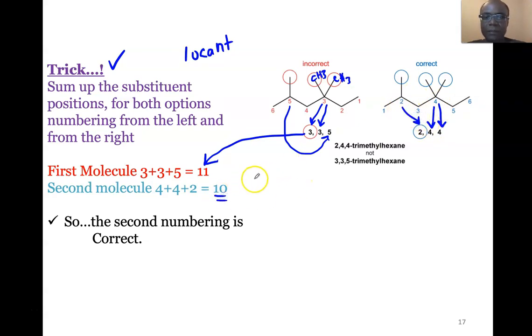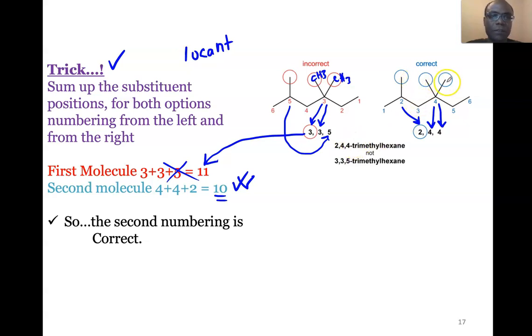So which is the correct numbering? This is going to be the correct numbering because the substituents' positions sum up to a lesser number. So this is wrong. 10 is less than 11, you go with 10. So the name should be, first list the position of the substituents, which is 2, 4, 4, and then hyphen, because it's a numerical separated from an alphabetical.